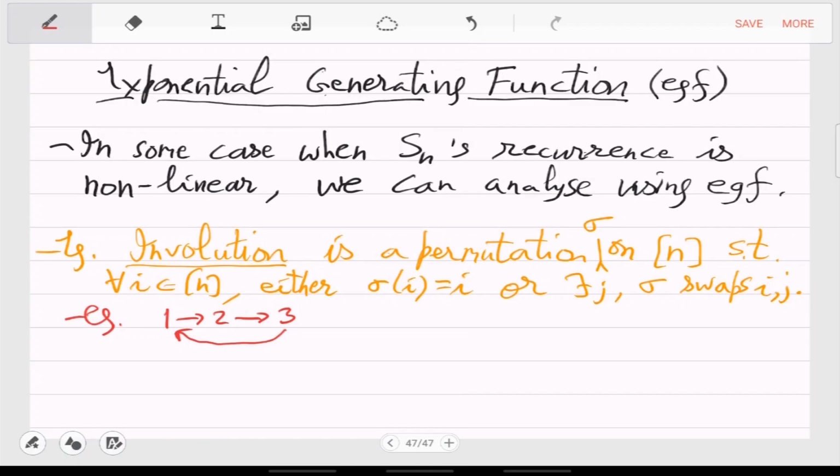The reason is that 1 is an element, if you take i to be 1, 1 is not fixed and there is no j such that 1 and 2 are flipped, right? Because if you look at 2, 1 is mapped to 2 but 2 is not mapped to 1. If you look at 3, 1 is not mapped to 3, only 3 is mapped to 1, right? So this is not an involution.